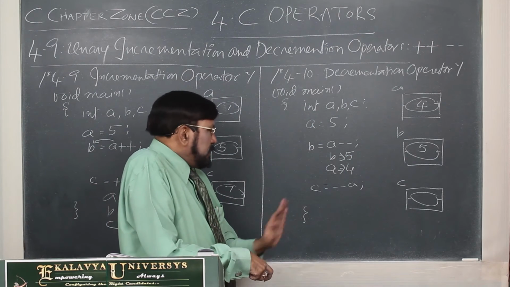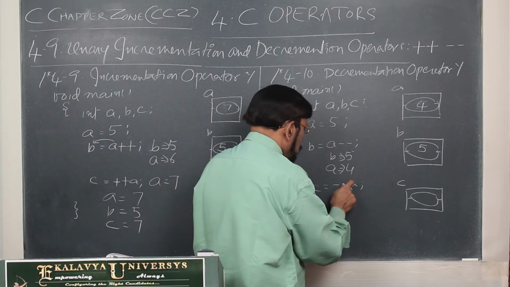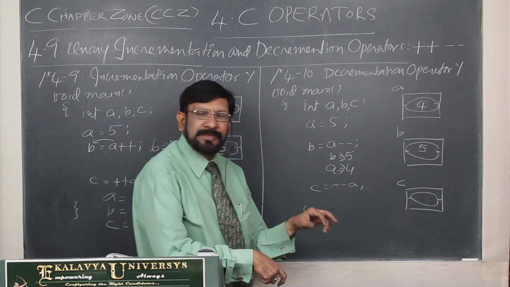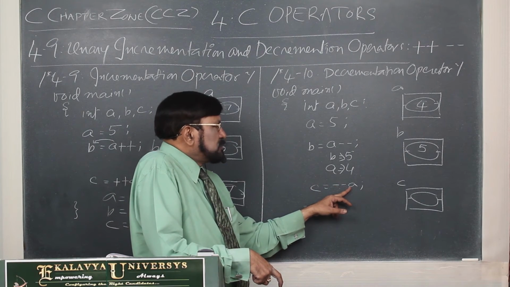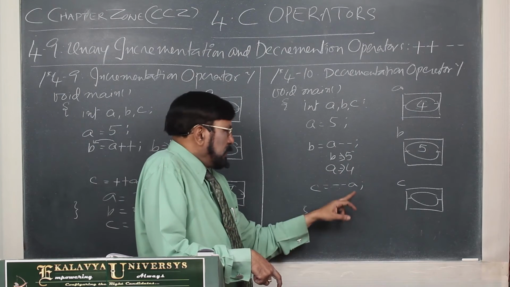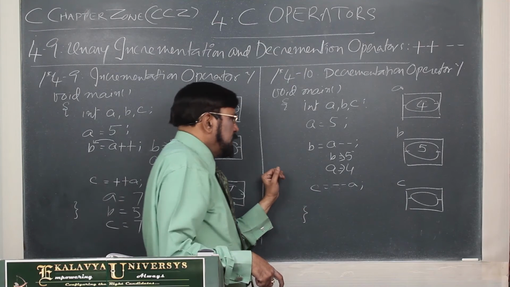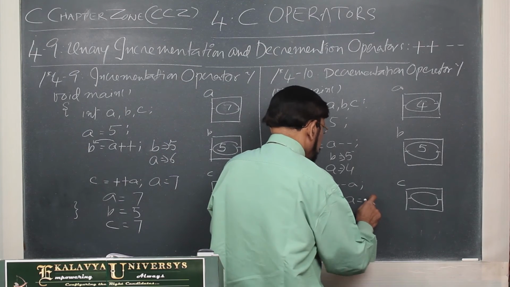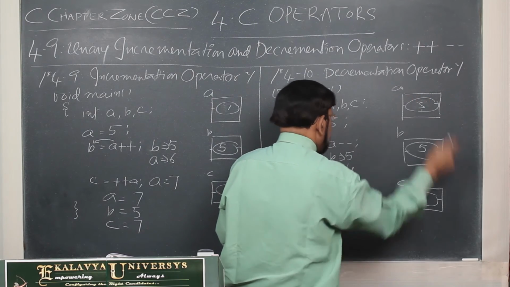Thereafter, C is equal to minus minus A. This is pre-decrementation. Now, what is A's value? A's value right now is 4. In pre-decrement, first it is decremented. Then A's value becomes 3.